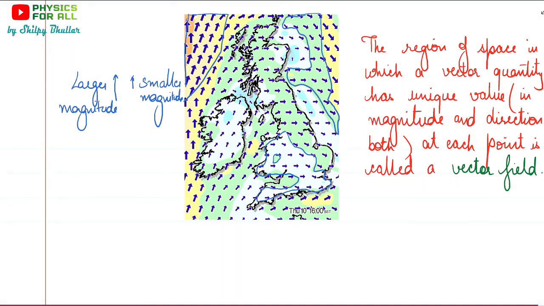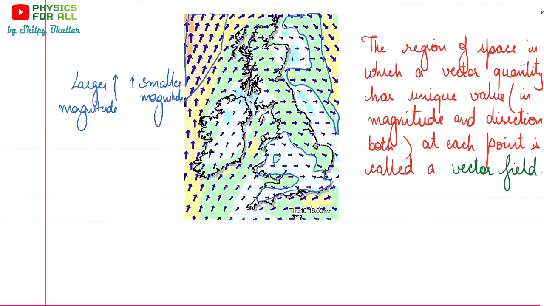So basically the meaning is same, that field basically is the mirror of the quantity. It tells you what kind of quantity it is. If you take a point and you have a field around it, its field would be showing the same behavior, same characteristic of that physical quantity that we are talking about.